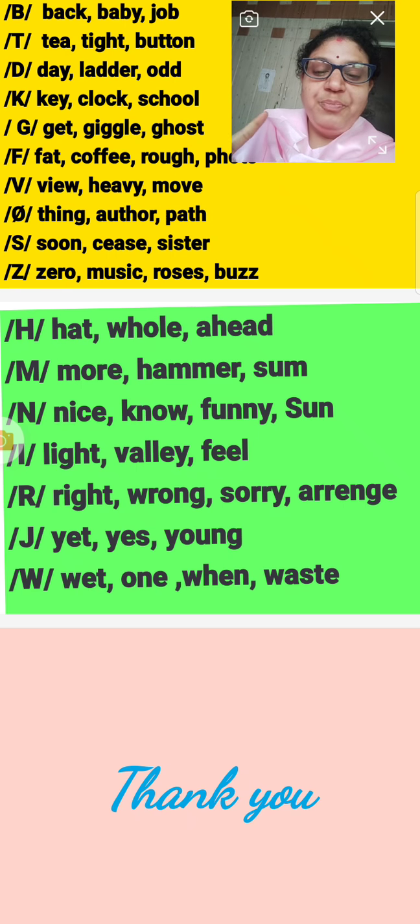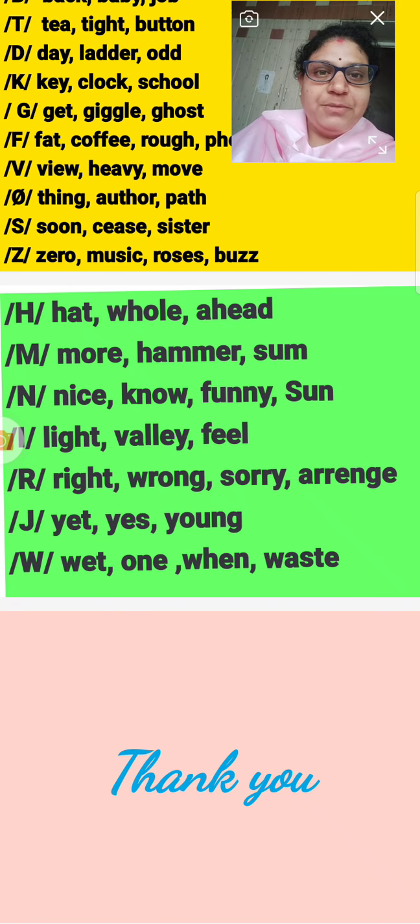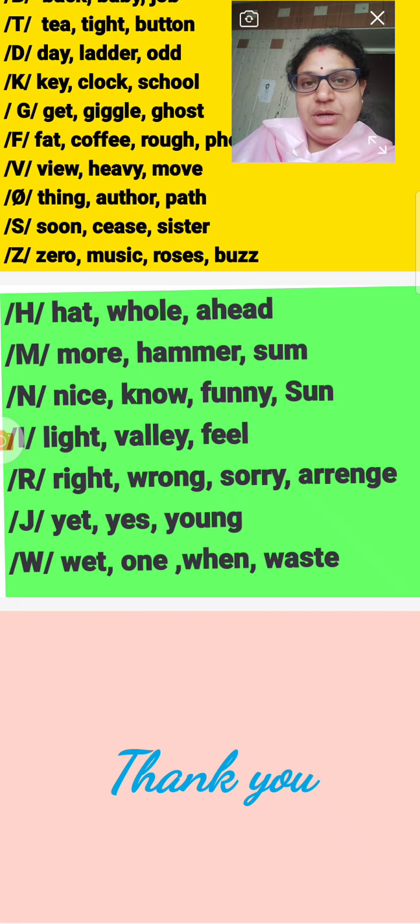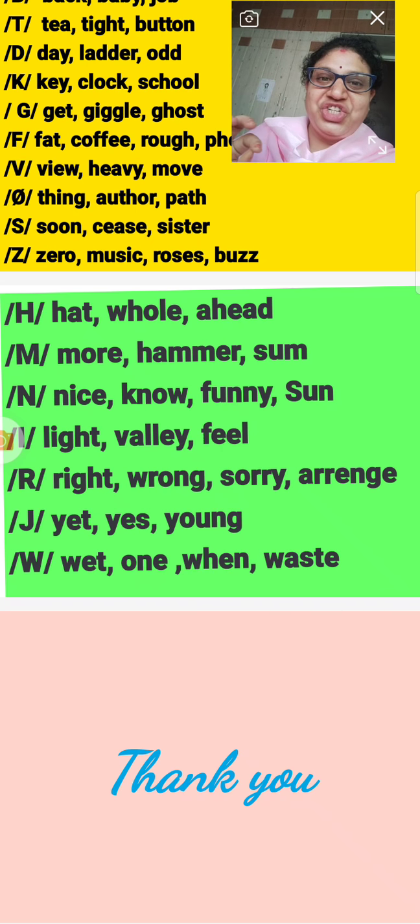One, when, waste, white, a lot of words are there. Suppose whole: whole will not come under the W, because for the W sound you have to see only the va sound. Whole has the ha sound, so it comes under the H.